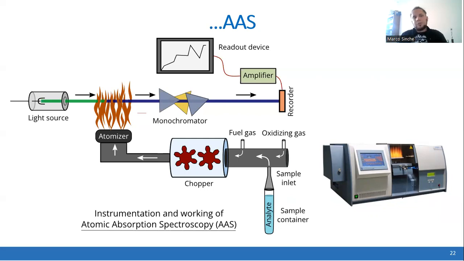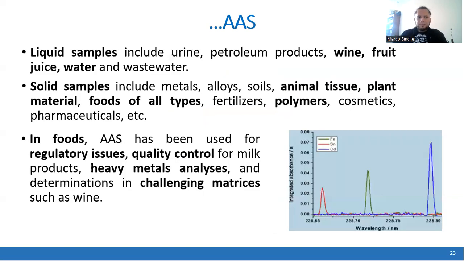Then the light source will get in contact with these atoms, then goes to the monochromator, to the recorder and amplifier, and finally the readout device. In modern equipment, there are different types of atomizers, including flames and some other heating elements.